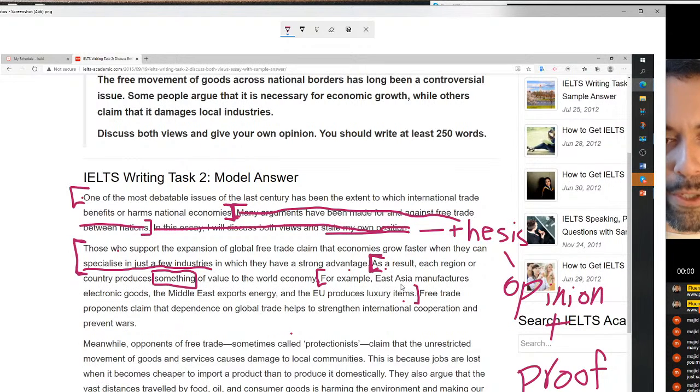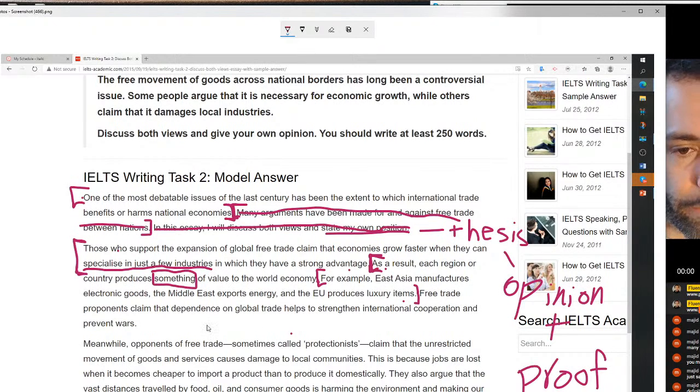So you're saying that free trade led to this situation with electronic goods, the Middle East, and the luxury items in the Union? I think it's an interesting claim, but how exactly does that happen? How exactly did free trade lead to these things? That seems like a really big generalization and a big leap. I'm not saying it's wrong. I'm just missing the steps. I don't get the steps.